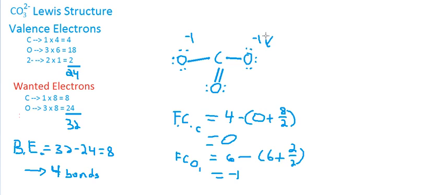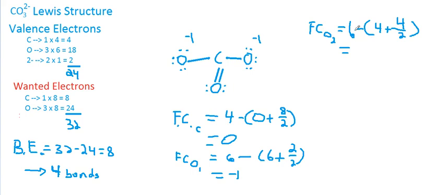And then finally, for the double bonded oxygen, we can repeat this calculation. We get that the formal charge for this double bonded oxygen, I'll call it O2, is equal to 6 again, because I'm just writing the number of valence electrons in a neutral oxygen atom. Then I'm going to subtract out the non-bonding electrons, and I'm also going to tally 1/2 of the bonding electrons involved in the double bond.